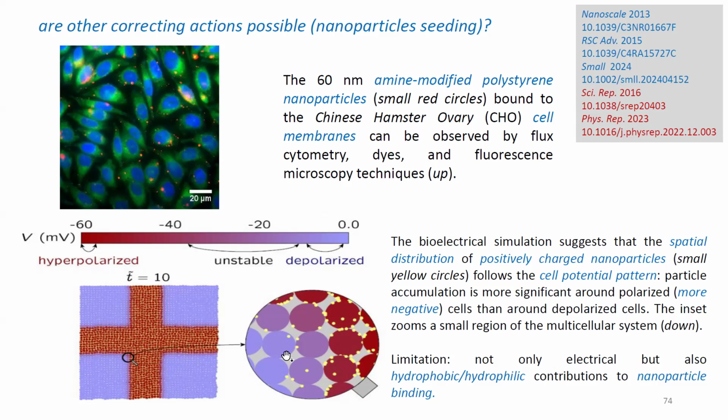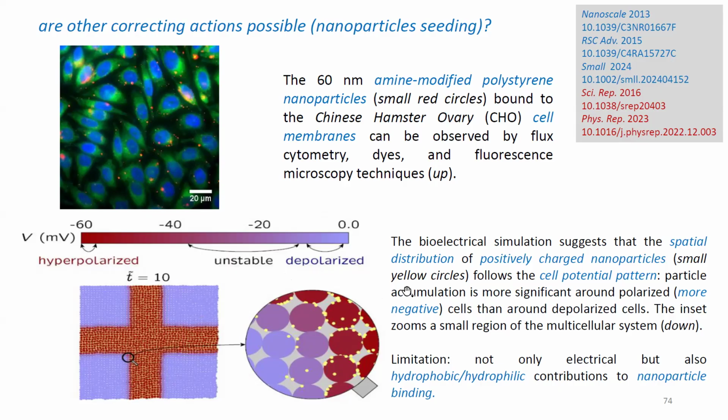On the contrary, these positive nanoparticles will tend to be depleted from the region of the multicellular state characterized by a depolarized potential. That means that in principle you can use negatively charged, or in this case positively charged, nanoparticles to attempt to change cell membrane potentials.